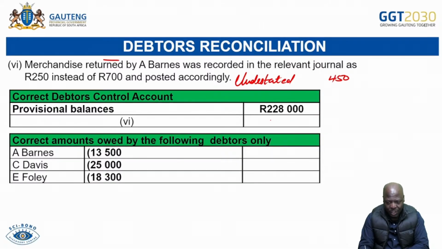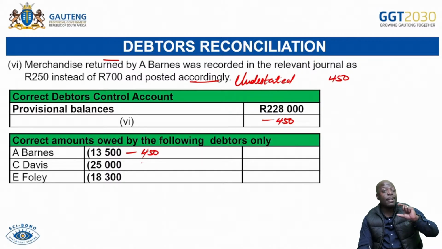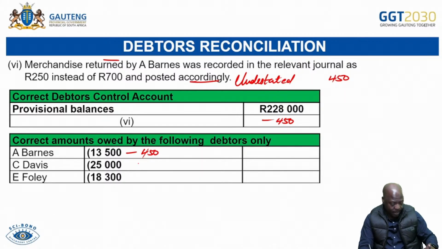So you come in, then you have to say minus 450 and post it accordingly to A Bonds account. So you come to A Bonds, then you have to say again minus 450 here as well. Minus 450. Why? Because when an amount is understated, you record the difference with the same sign.